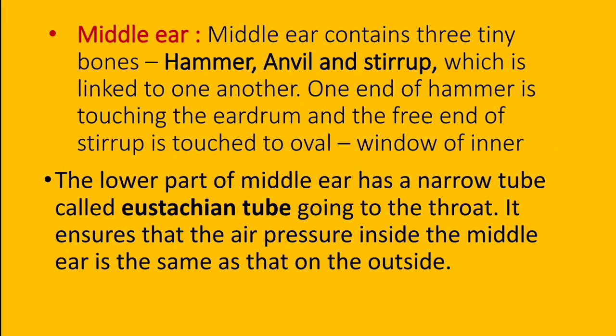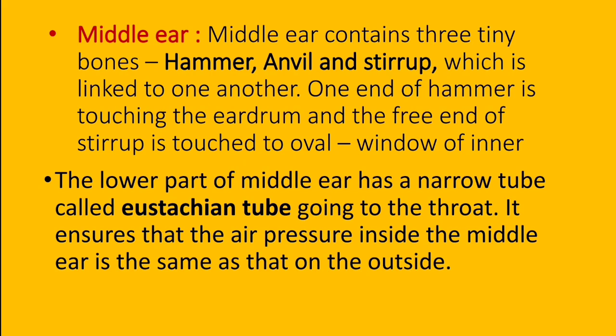Middle ear. The middle ear consists of three tiny bones: hammer, anvil, and stirrup, which are linked to one another. One end of the hammer is touching the eardrum and the free end of the stirrup is touching the oval window of the inner part.